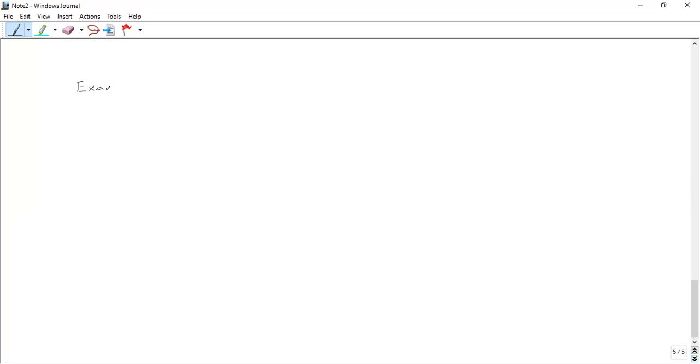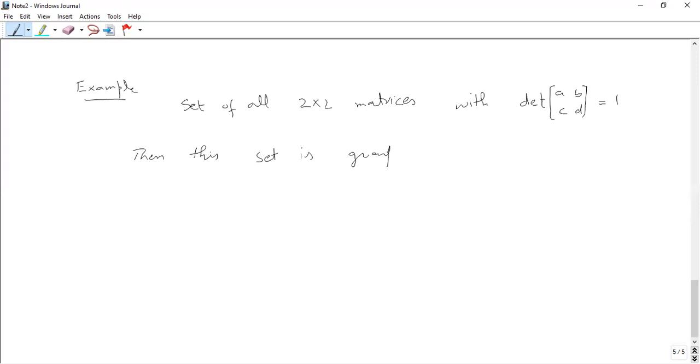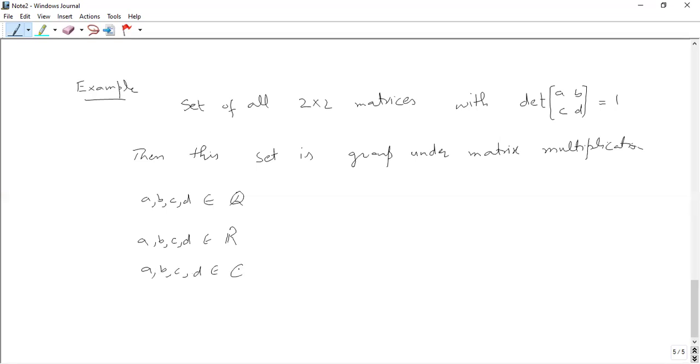And another example is, if we take the set of all 2 cross 2 matrices with determinant equal to 1, then this set is a group under matrix multiplication, no matter whether these entries A, B, C, D belong to the set of rational numbers, or the set of real numbers, or even the complex numbers.